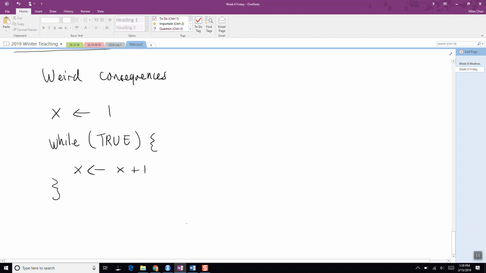So it's going to just go x is 1, it adds 1, x is 2, it adds 1, x is 3, and it goes, and let's say we just let the computer run for a very long time. So we start this loop, we come back a year later, and we ask the computer, what is the value of x? What do you think the computer will say?